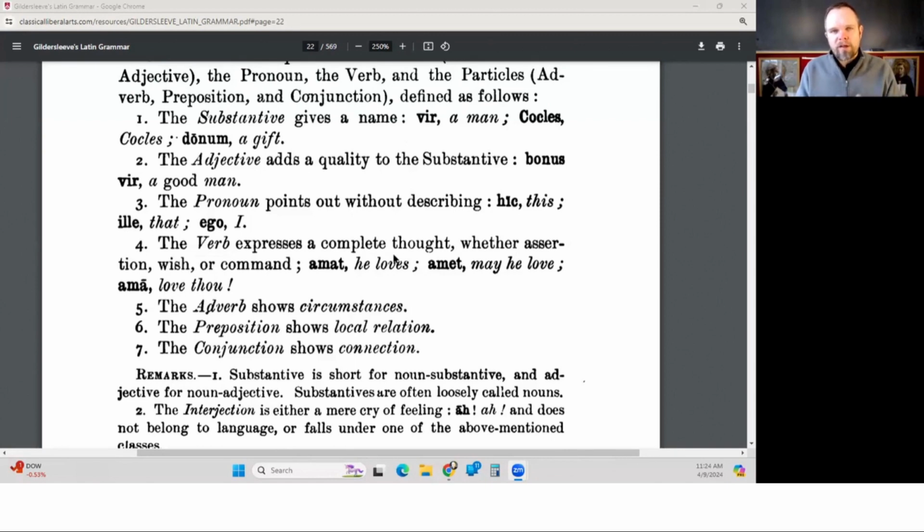What's important for our studies, especially when we get into logic and reasoning, is that there's only one kind of verb that's used in reasoning, and it's the assertion. It's called an indicative statement or a declarative sentence in different grammar books. In our reasoning courses, it's referred to as enunciation. It's when we make a statement that can be true or false.